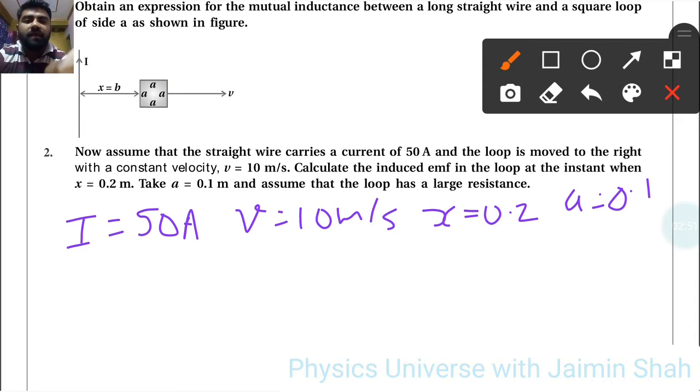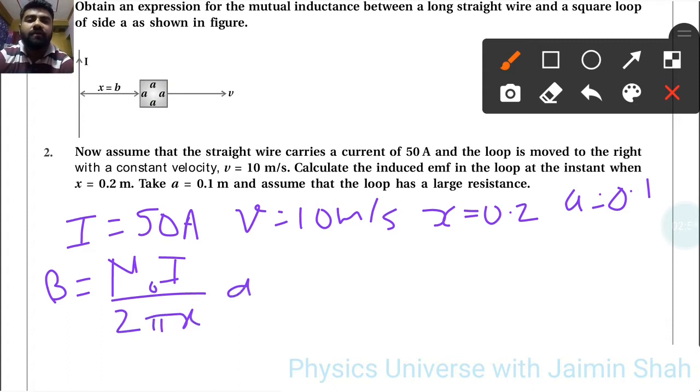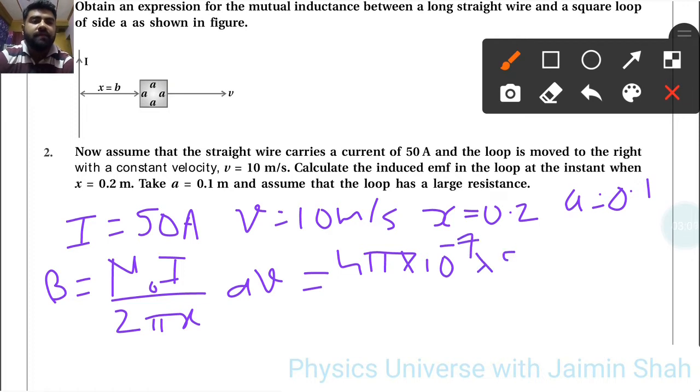So the formula to find that is B equal to μ0 I upon 2πx into a v. Here, we know 4π into 10 raised to minus 7, I is 50, upon 2π, x is 0.2, and a is the area.